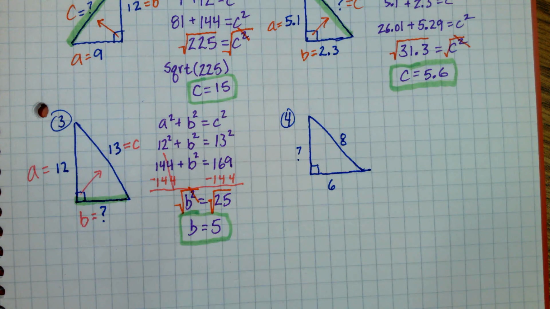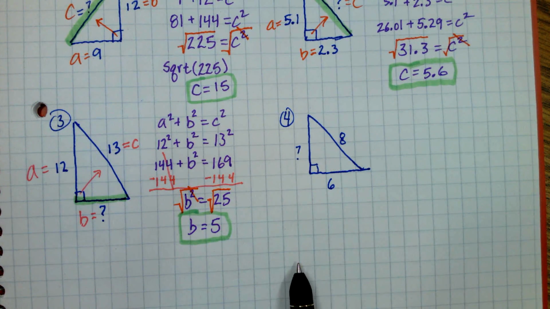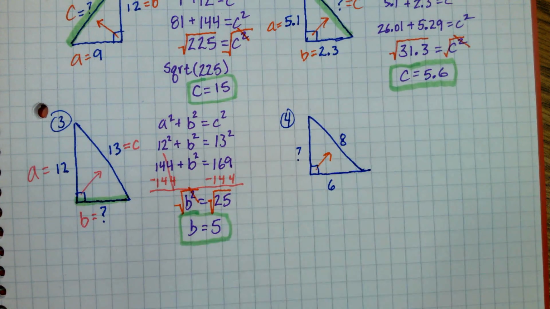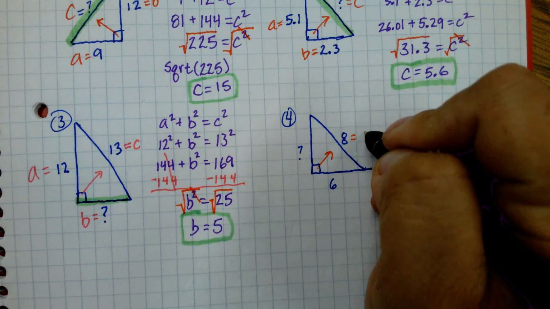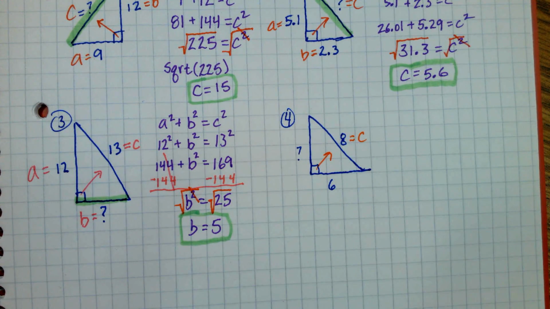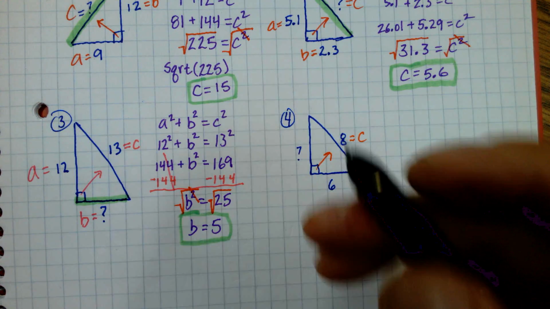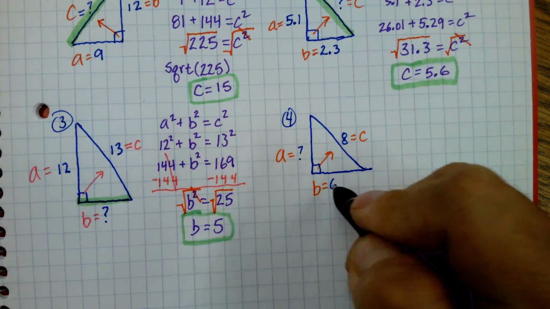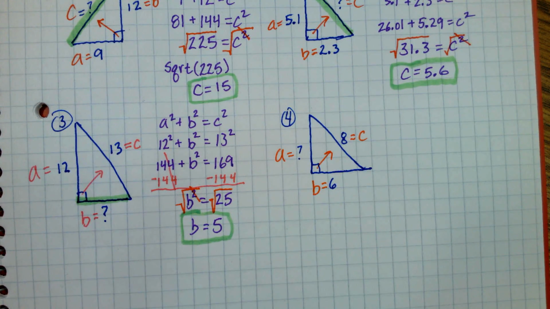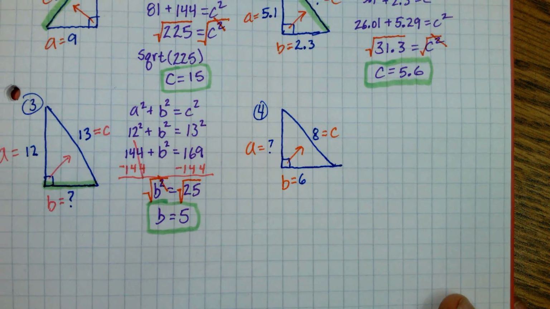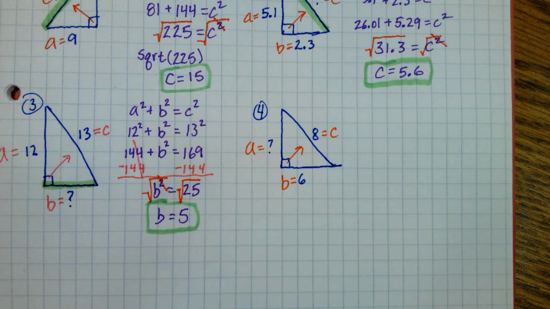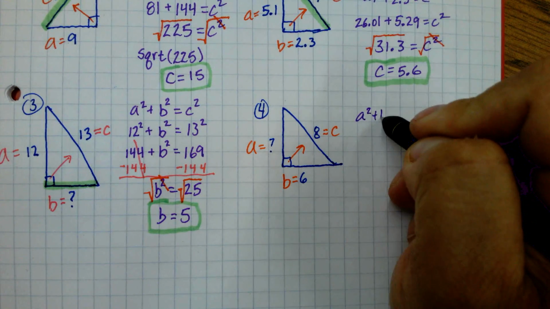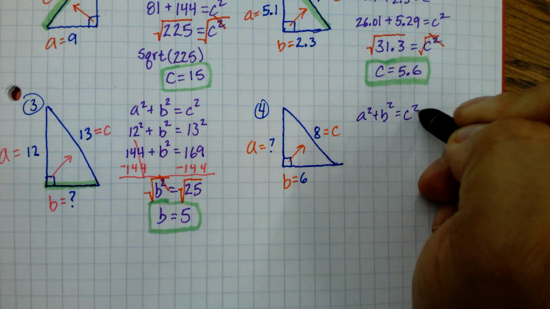Let's see here. This time, well, let's continue with the same thing. Let's find C. First thing you always want to do is identify the hypotenuse. There it is. This is A, and this is B. Just kind of arbitrarily chose that. And let's use the Pythagorean theorem. A squared plus B squared equals C squared.